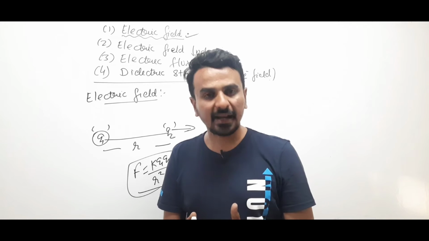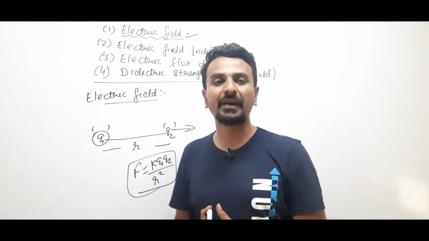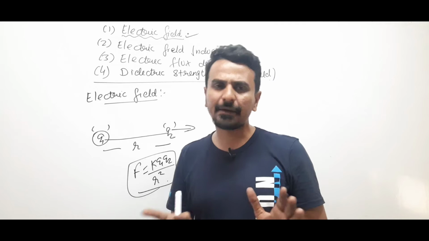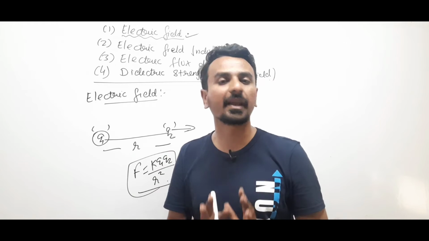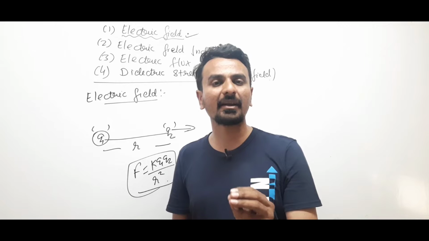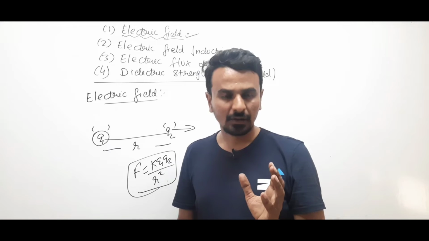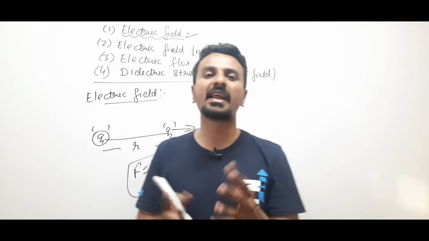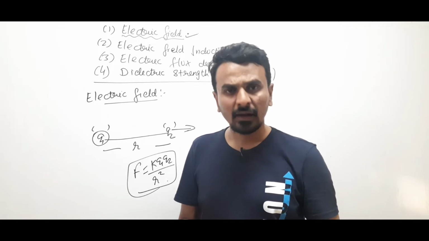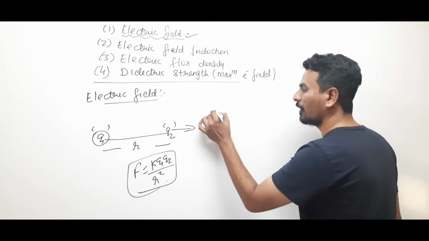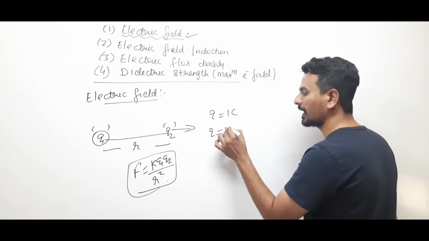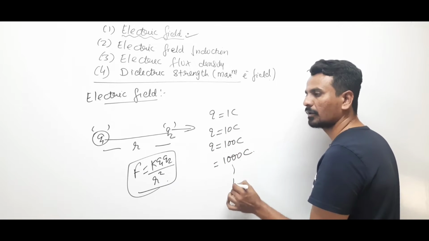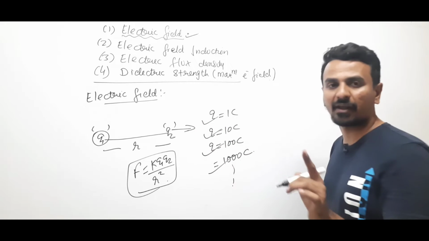It is because of this electric field that both the charges are experiencing a force. Each and every charge will create its own electric field. Electric field is the effect produced by the charge, or the field produced by any charge around it. Even if the charge is 1 coulomb, 10 coulomb, 100 coulomb, or 1000 coulomb, all these charges will create their own electric field.